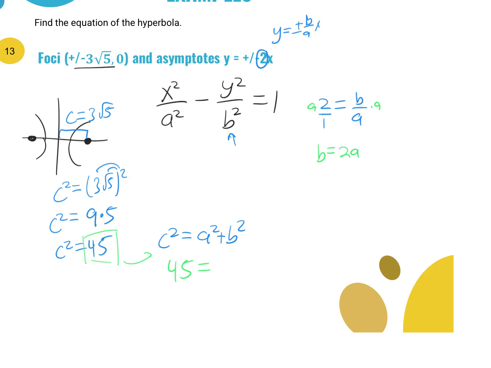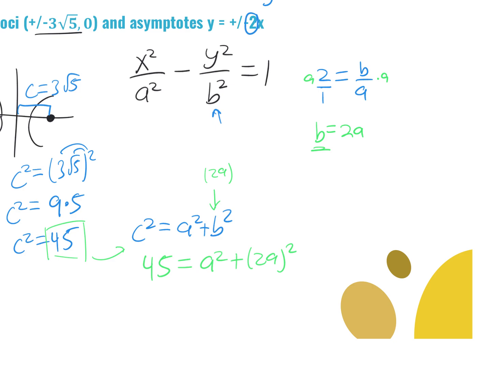I don't really have anything for a squared, but we just said that b equals something. It's not quite a number, but it equals something. So I have b equals 2a. I can go ahead and replace that b with 2a. So this is going to get me a squared plus 2a squared, and now we only have an equation in terms of a.